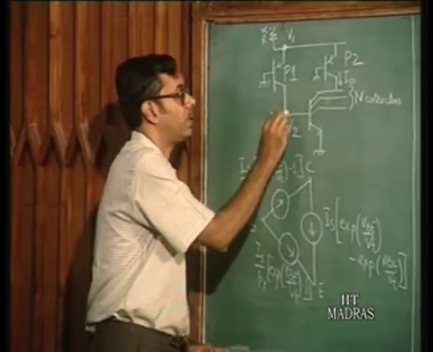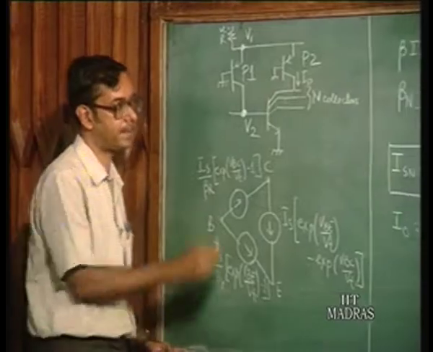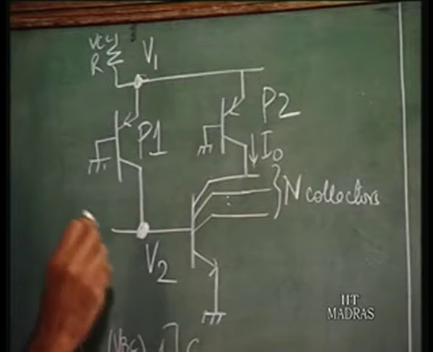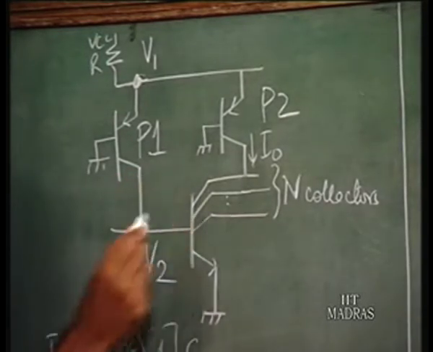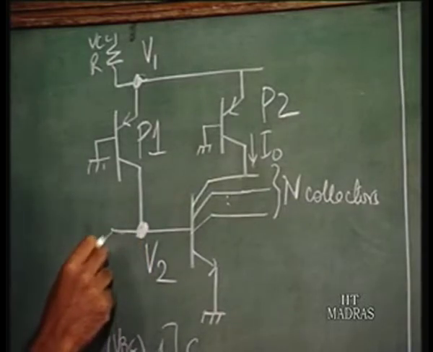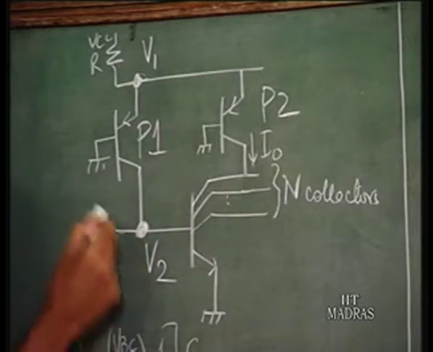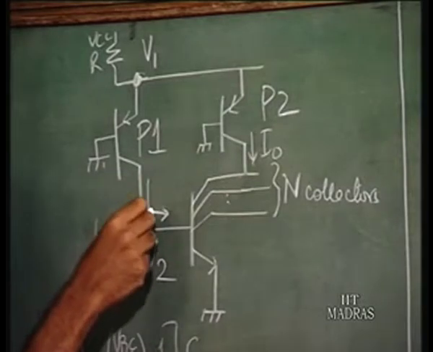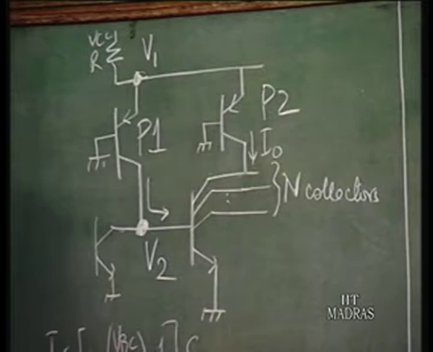Now we have to see that this condition is satisfied. At this point, the next thing we do is write an equation of the current at this point. When this transistor goes to saturation, it means that all the transistors whose collectors are connected at this point are cut off. So whatever collector current is flowing for this PNP, that is P1, flows in as base current of the NPN transistor.